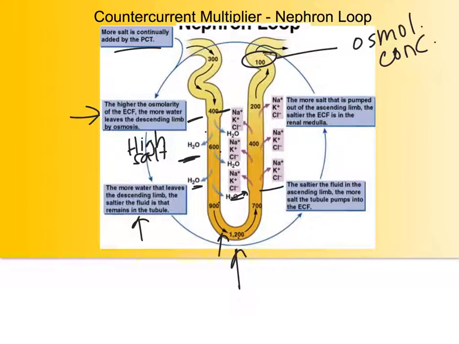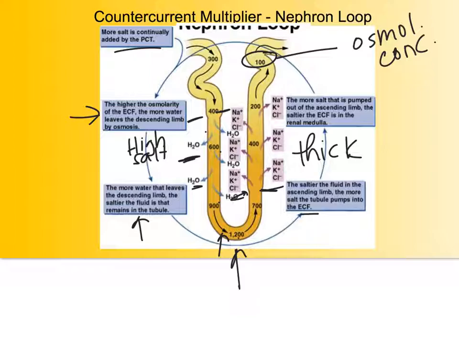The more water that leaves the descending limb, the saltier the fluid that remains in the tubule. Then as we go back up, we're back at thick. As we get up through the thick segment, the ions leave. The saltier the fluid in the ascending limb, the more salt the tubule pumps into the extracellular fluid.